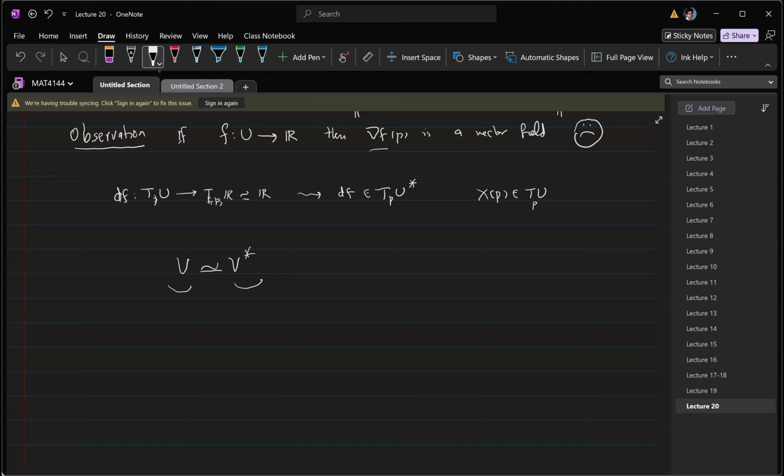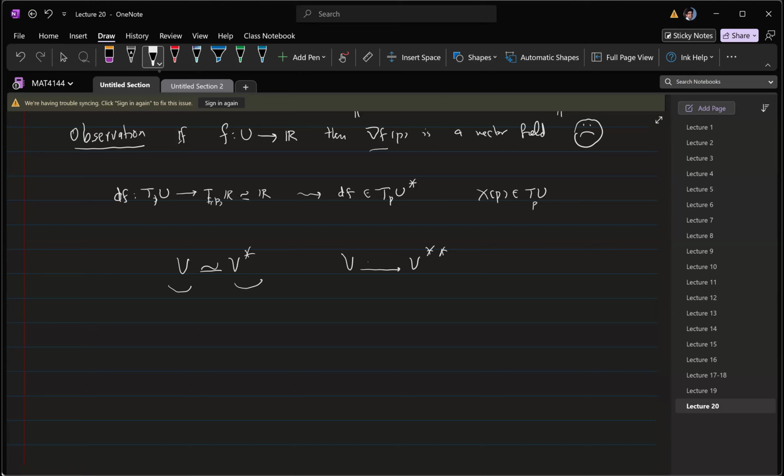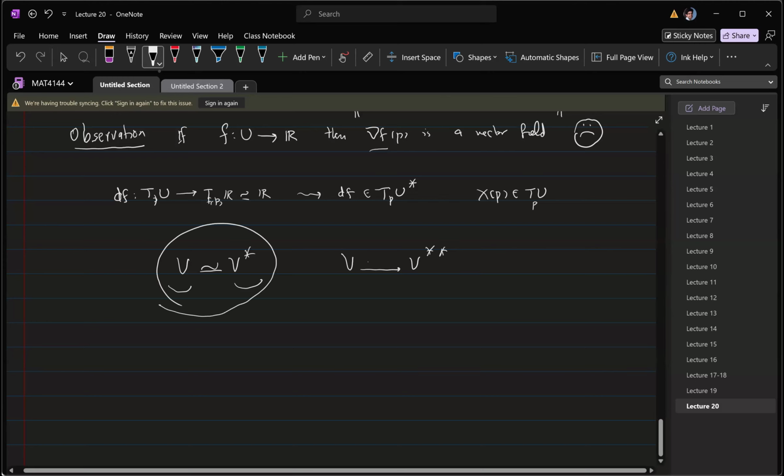The previous isomorphism really is a unique isomorphism between V and V double star, in the sense that it works for any vector space V without any reference to any choices. And such a thing is not possible for V and V star. If you play with it, you see it's really not possible.